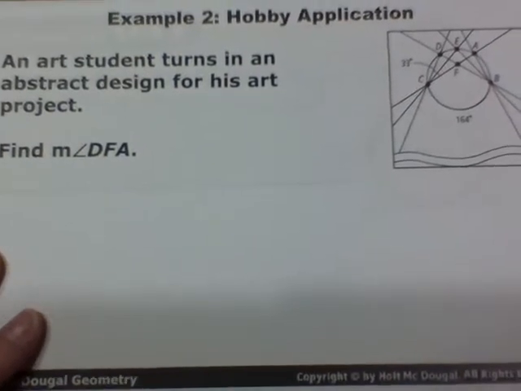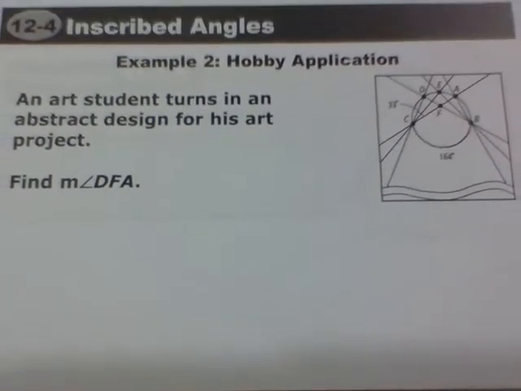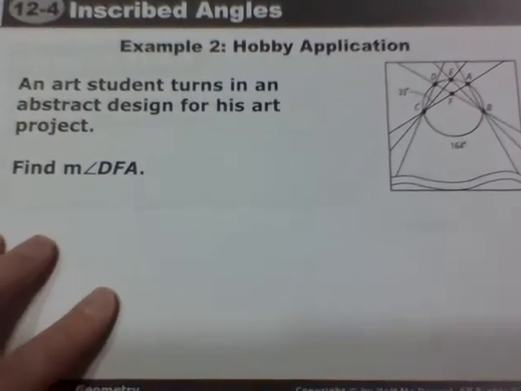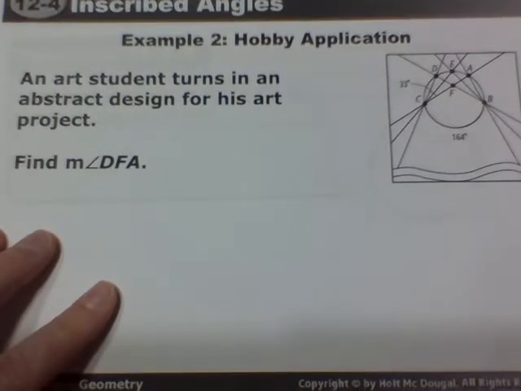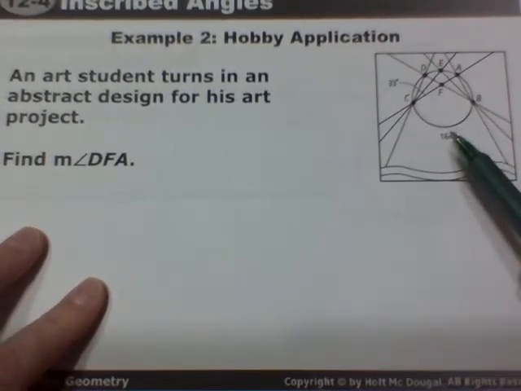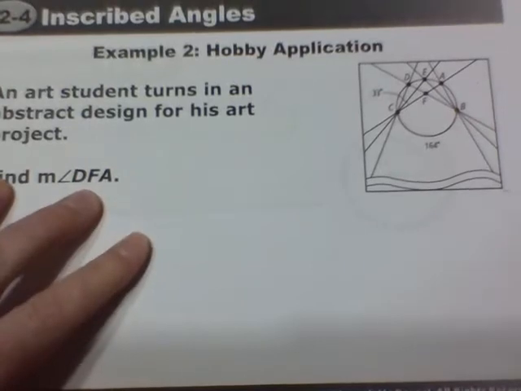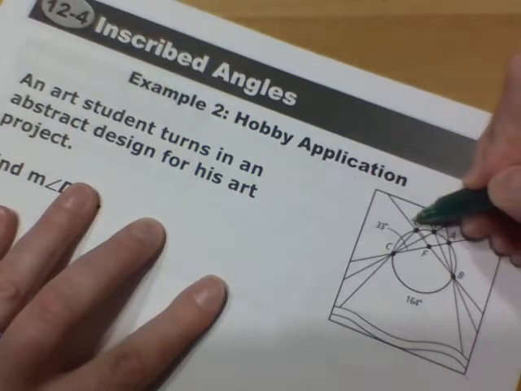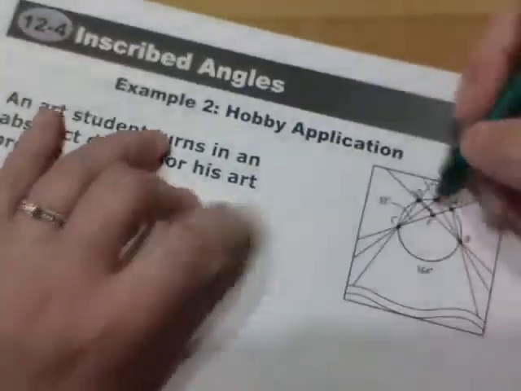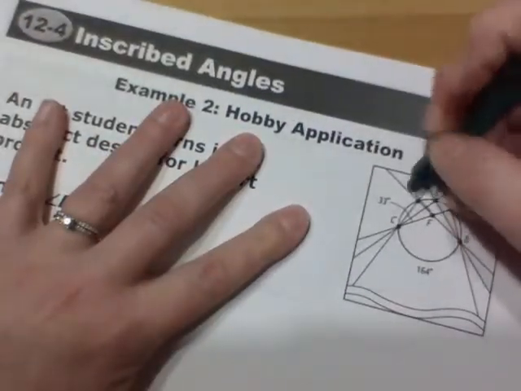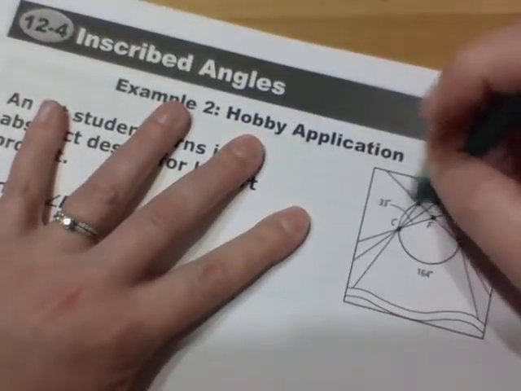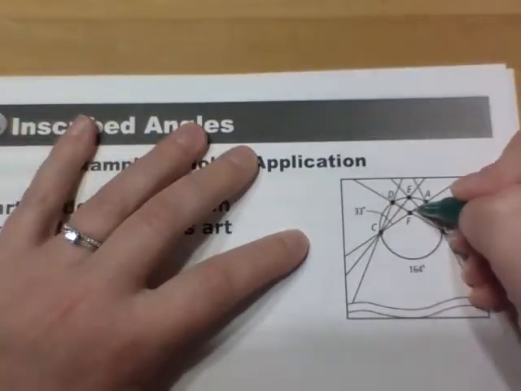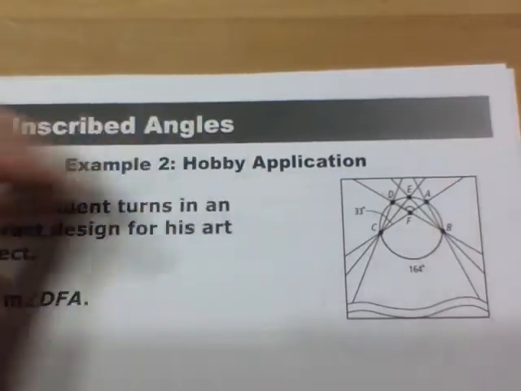So now we have a little art student problem here, and they are turning in an abstract design for this art project, and we need to find DFA. So we need to find this angle measure.